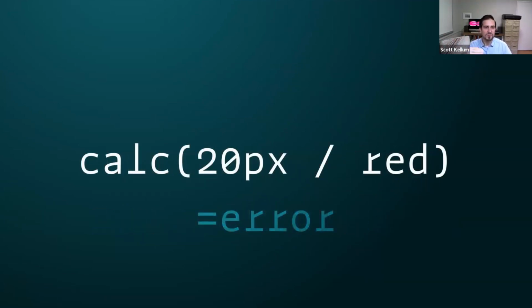All right, so here we have 20 pixels, so a dimension, divided by a color. And of course, we're going to get an error because these two things are not comparable. We also get an error in all current browsers if we divide by any type that is not an integer, even if it does compare to the numerator of this function.